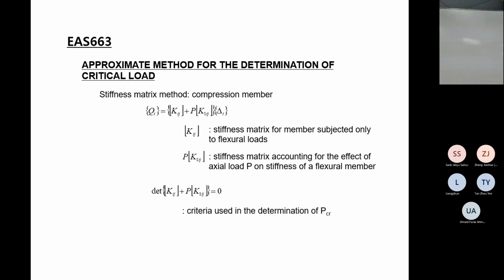So here, this is the general stiffness matrix. It can be at structure level. Q is the external force, and delta is the displacement.